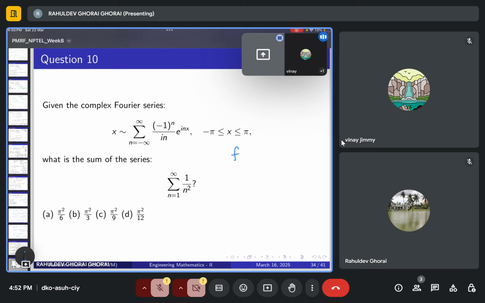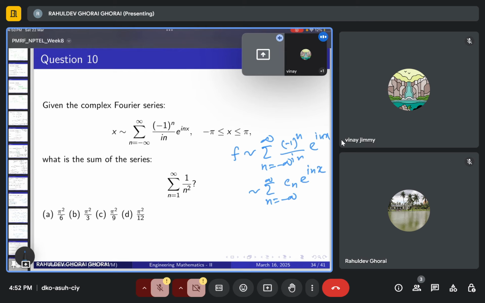So here it is given f is the sum over n equal to minus infinity to infinity of minus 1 to the power n, i n e to the power i n x, which is nothing but the sum over n equal to minus infinity to infinity of c n e to the power i n x.